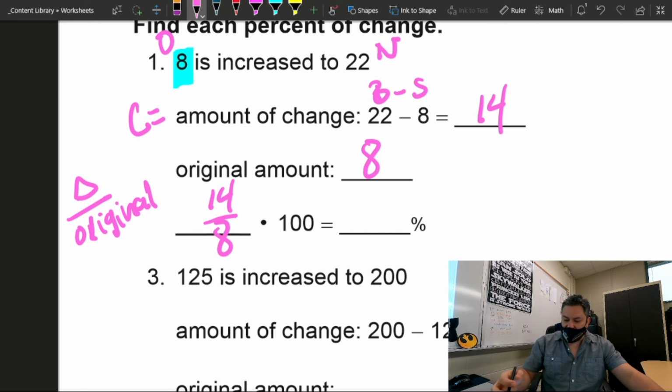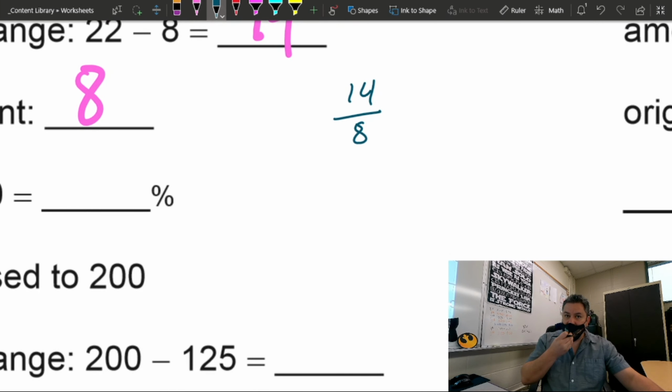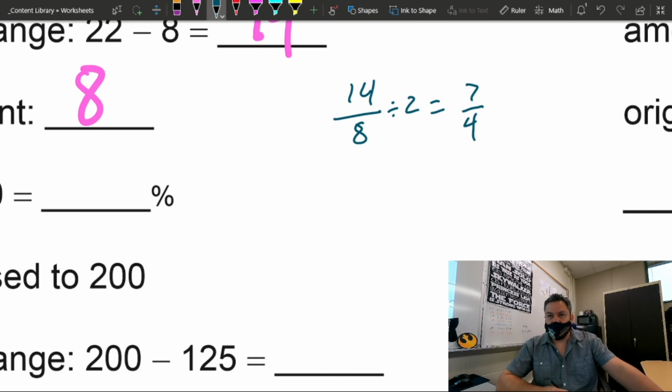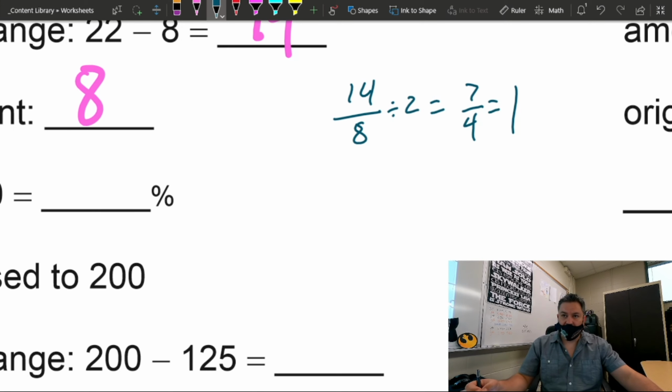However, if I take that fraction to the side and I do 14 divided by 8 right here, I can simplify this very easily, right? Can I divide this by what? By 2. So if I divide by 2, I get 7 quarters. Can I make that into a mixed number? Yes. So what is it going to be? 1 and what's the remainder? 3. And the denominator?